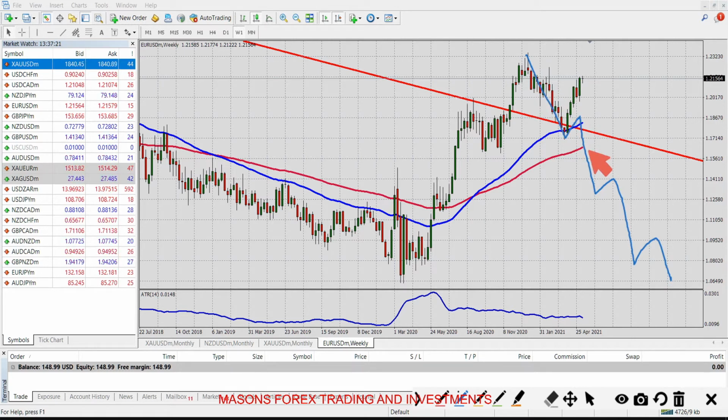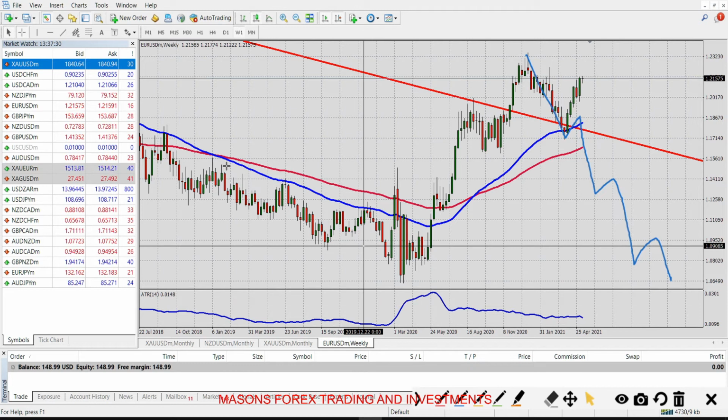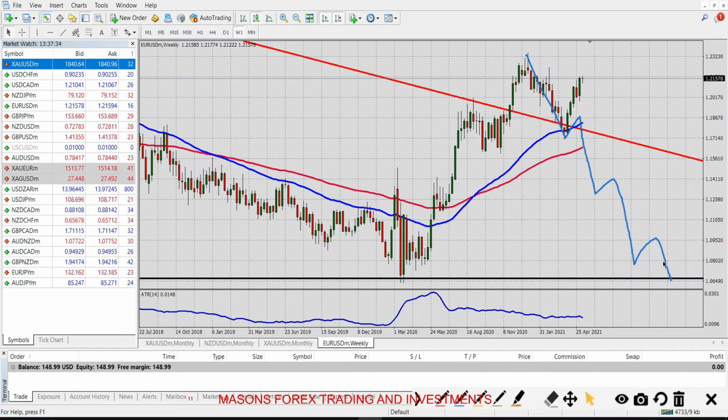Or if you had a plan of taking price to this point here, let's just say you had a target of 1.06490, unfortunately we are now having a retracement in this area.